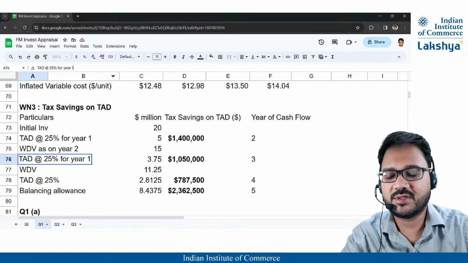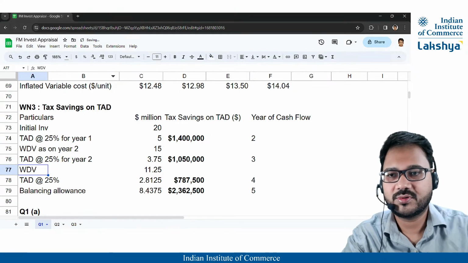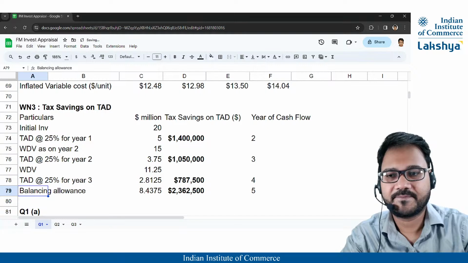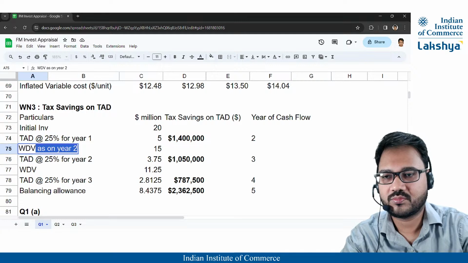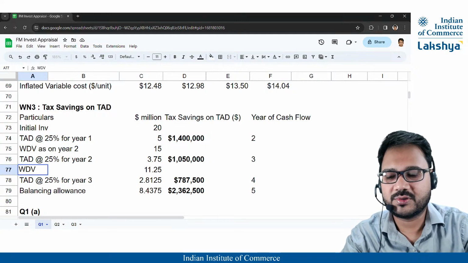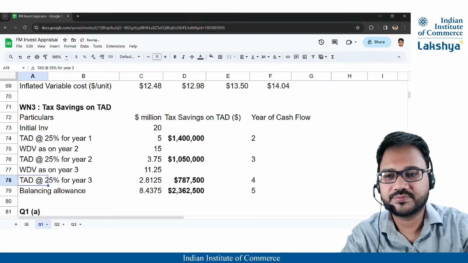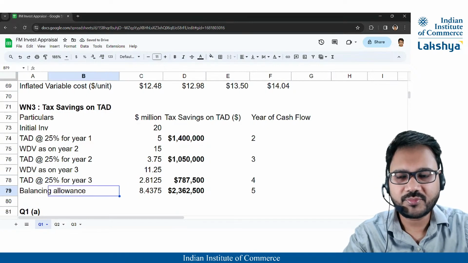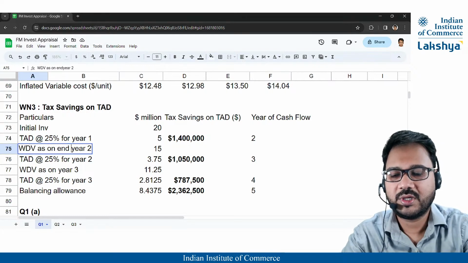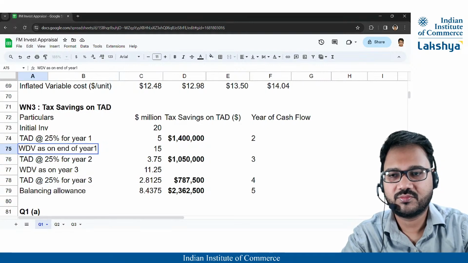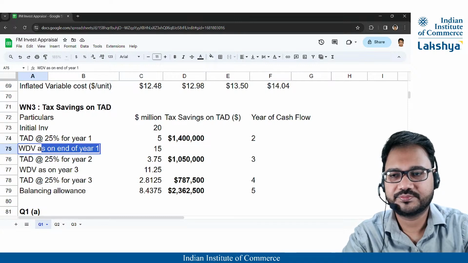Depreciation for year 3, so year 2. This is written down value as on year 3. So on and so forth, or as on end of year 1. I think that is a better way of writing it.